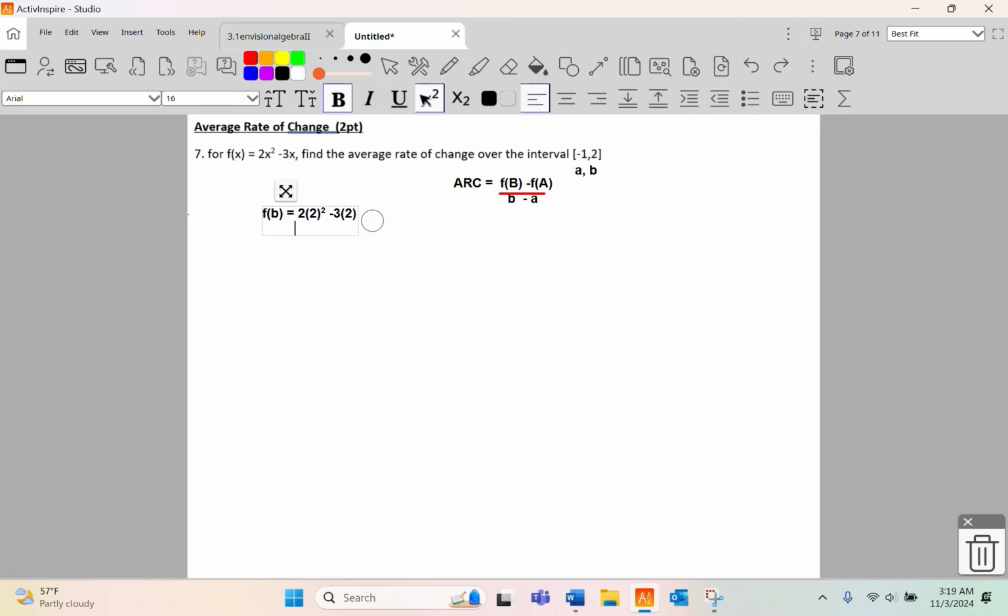We'd have 2 times 2 squared being 4, 3 times 2 being 6, 2 times 4 is 8, 8 minus 6 is 2. And while we're at it, we'll find f of a. F of a happens by plugging in a negative 1.